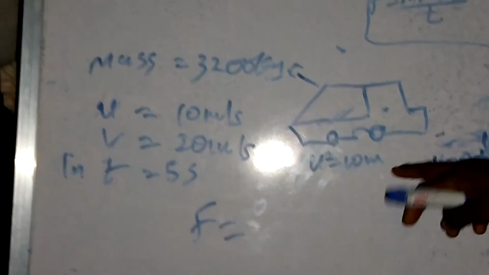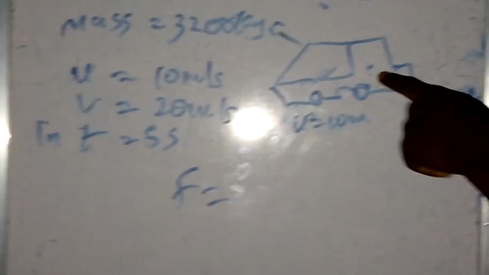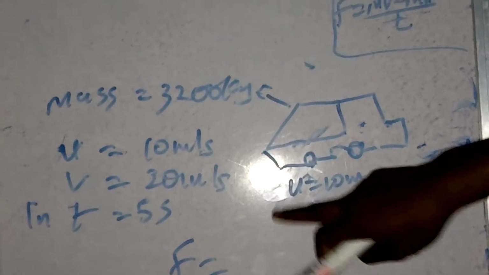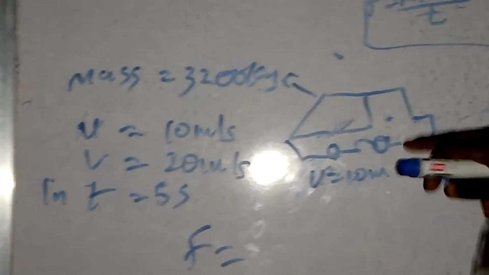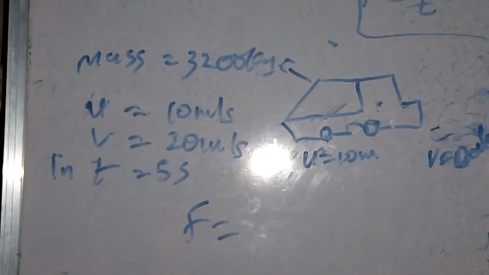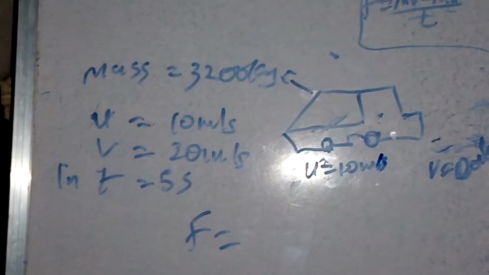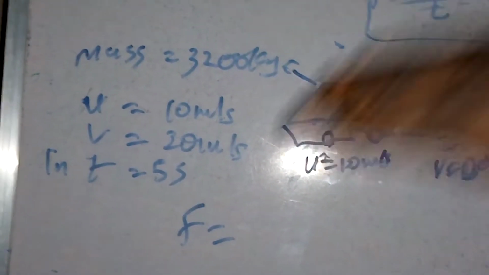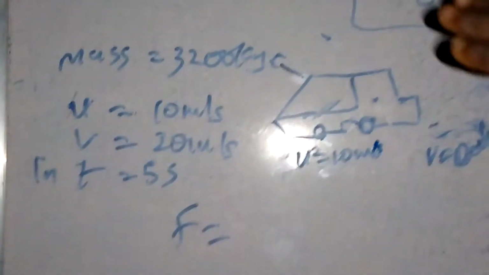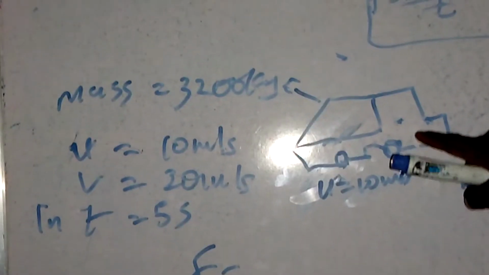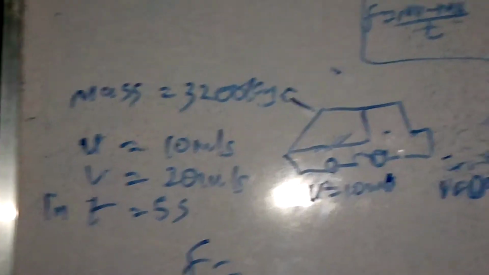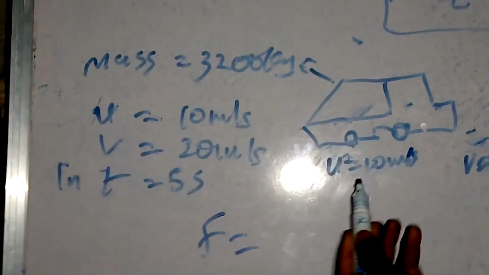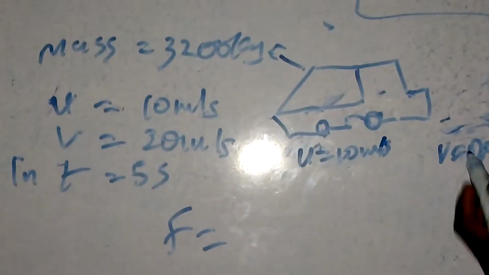Looking at the second question, the truck is moving, the mass of the truck is 3200 kg, and it is moving with a speed of 10 meters per second. Then suddenly the truck increases its speed, I mean the driver steps on the accelerator, and this causes an increase in speed from 10 meters per second to 20 meters per second.